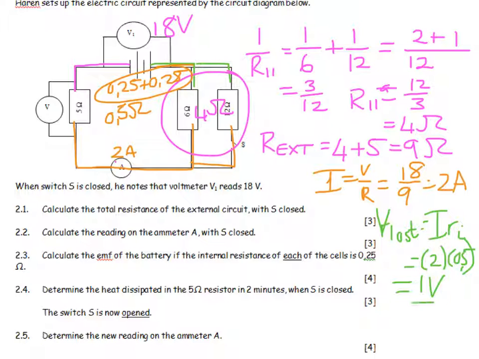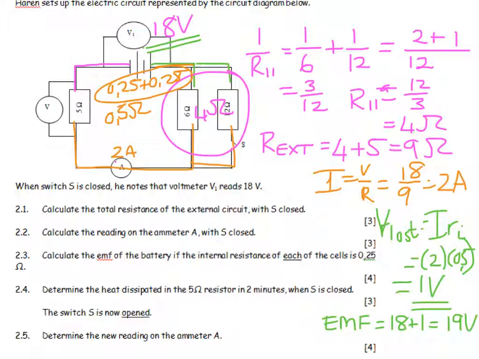So that's going to be 2 times 0,5, and it turns out to be 1 volt. If I've lost 1 volt and my original reading is 18 volts, my EMF is going to be equal to 18 plus 1, which is equal to 19 volts. It is the external voltage plus the potential difference or voltage that is used by the cells.